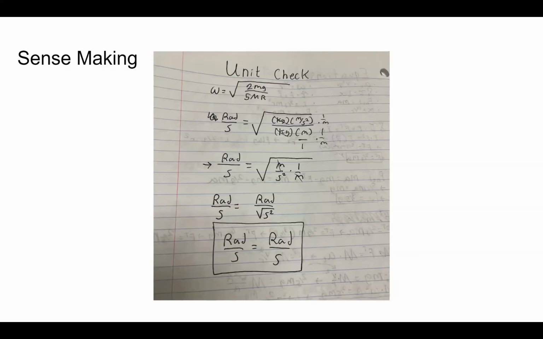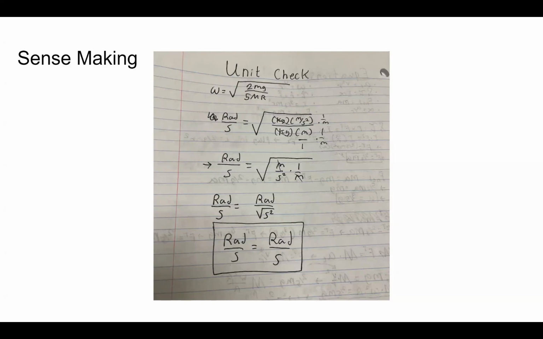Okay, so for sense making, for the unit check, for angular velocity, it's basically confirmed that it's radians per second. We find this by converting the certain variables into units. So the mass should be kilograms. As you can see in the second equation, both masses are turned into kilograms.